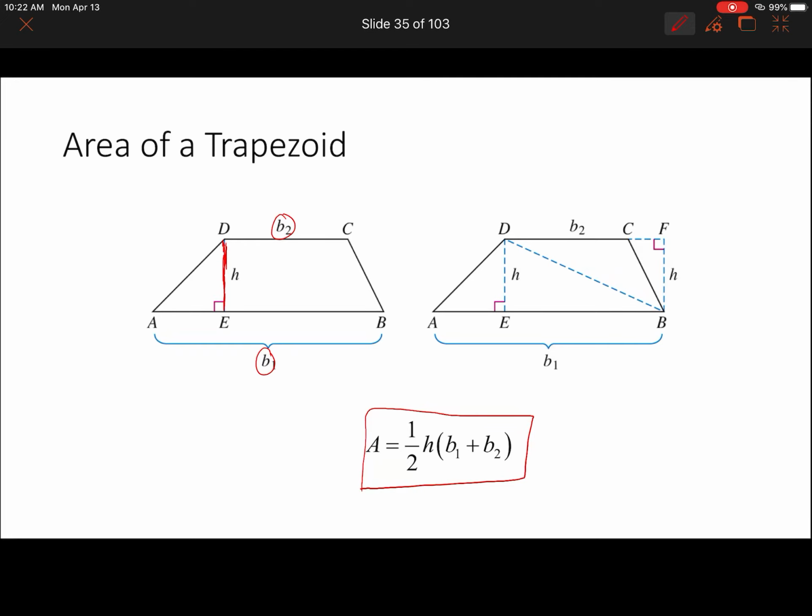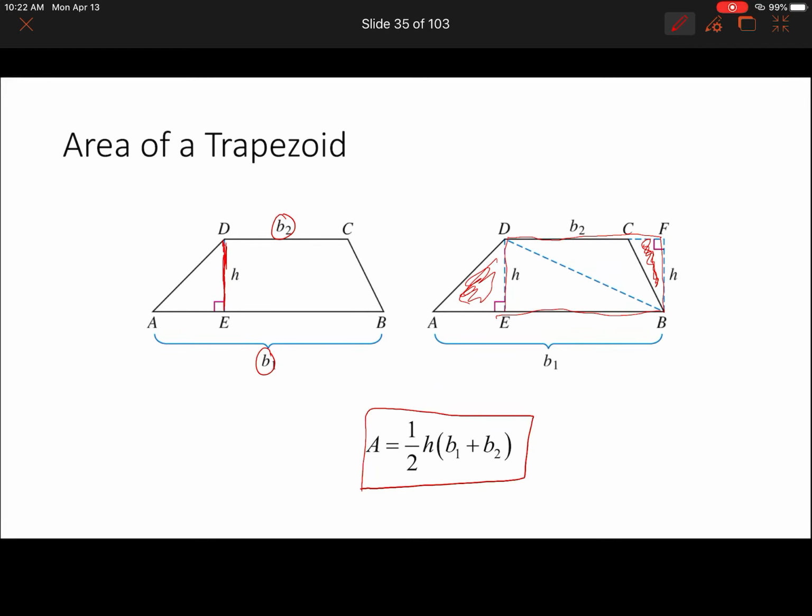And again, as you look at this diagram to the right here, you see that you have a triangle that you need to find the area of, and then you've also got this part, which is a rectangle, but we're not counting this.